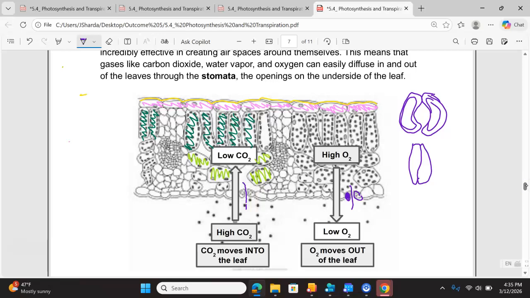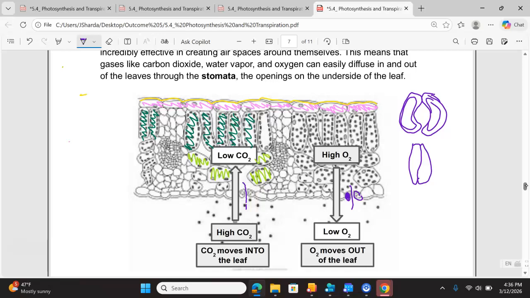Okay, CO2 is going to get lower and lower inside the leaf, because the CO2 is being taken up by the palisade mesophyll cells in photosynthesis, right? As they take up the CO2, that concentration is going to get lower and lower.